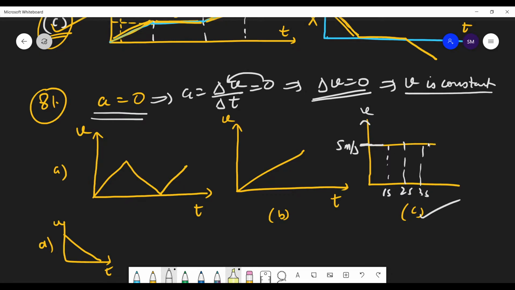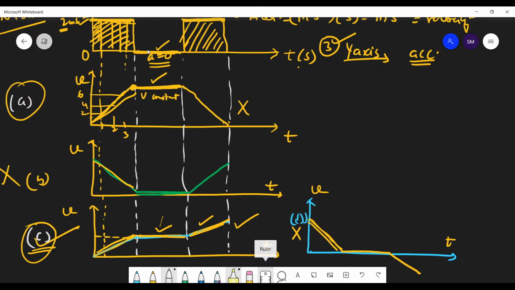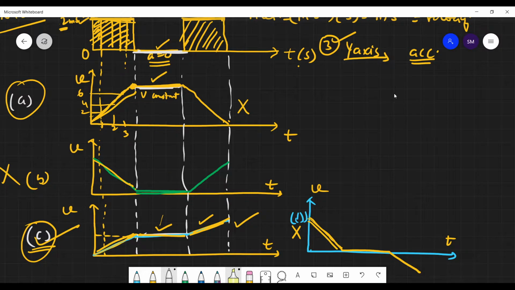There is no change in velocity. Acceleration is 0. Same thing we did earlier in the last question also. So when acceleration is 0, velocity is constant. Got it, students? Yes, sir.